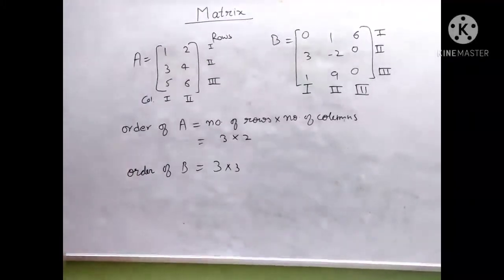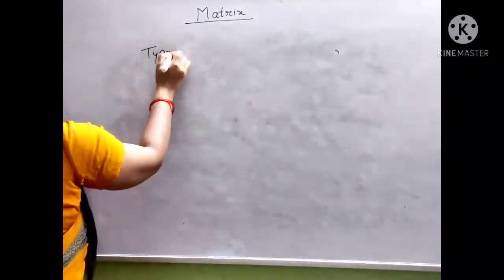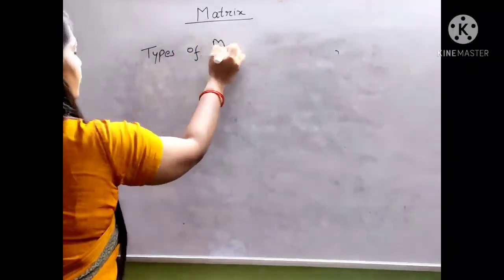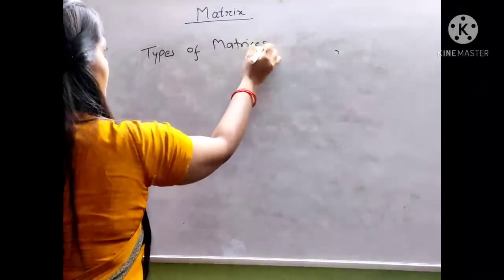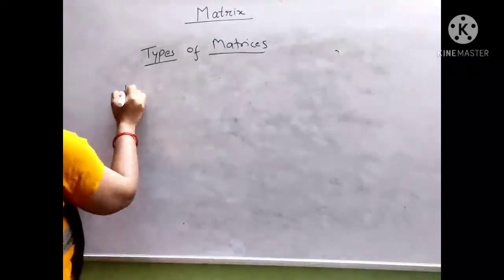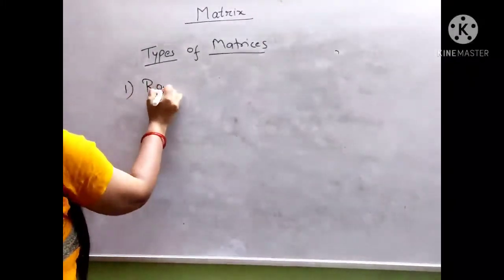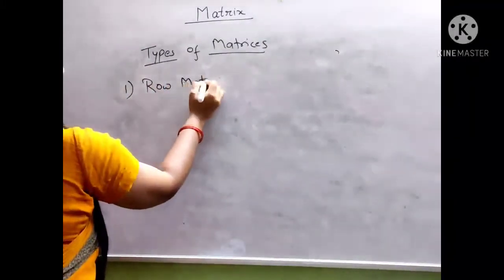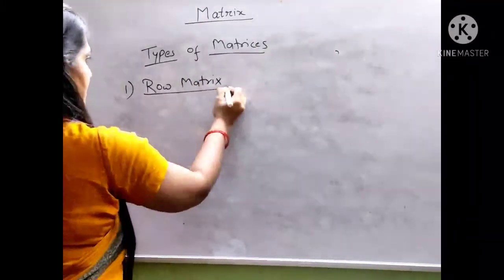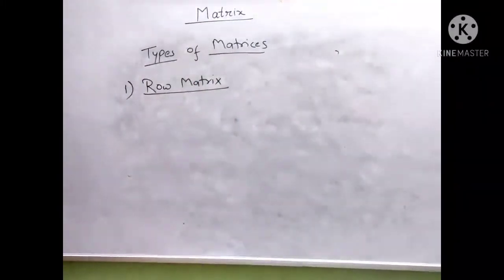Now we shall discuss types of matrices. Number one is row matrix. So what is a row matrix?